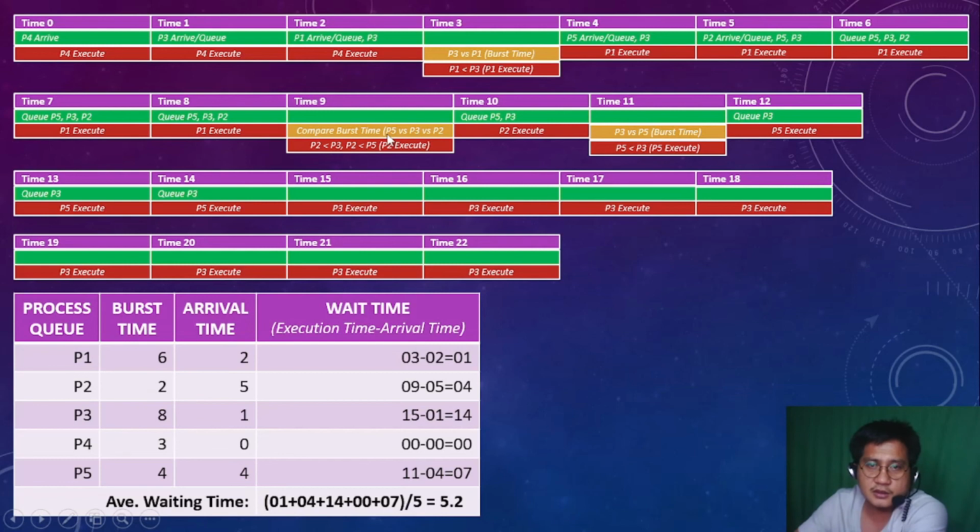Since these three are already in the queue and no new process arrived at time 9, what we did is we left the green block blank.